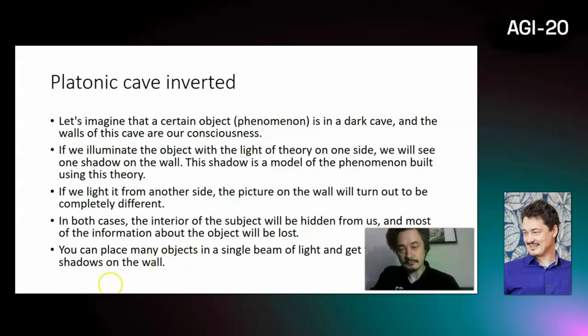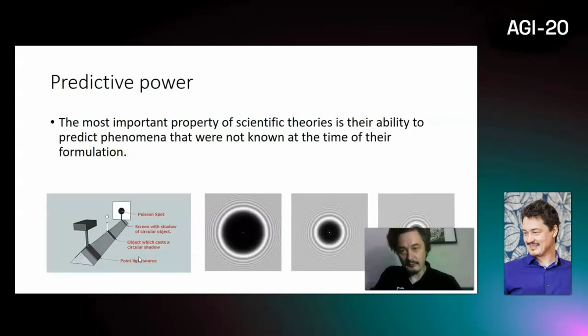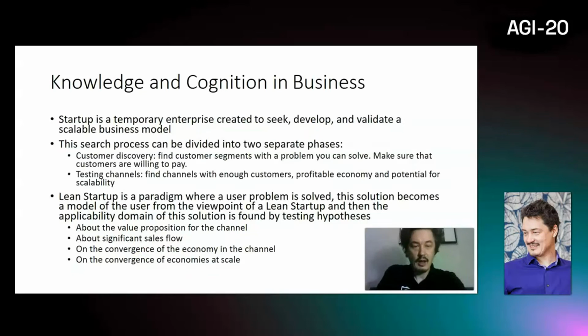So the predictive power of theories also plays an important role in science, and we want to design tests that test that as well. Actually, it's very interesting that a similar structure is in human knowledge in areas pretty distant from science.